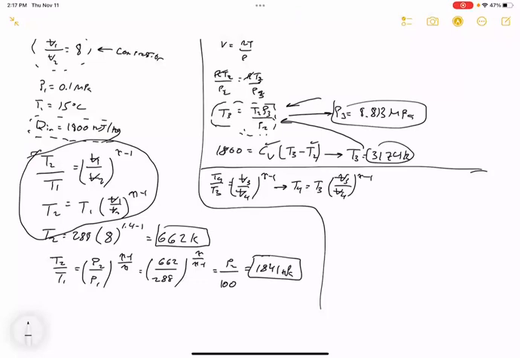So V3 over V4 is 1 over 8. So it's 3174 times 1 over 8 to the gamma minus 1, which we know is 1.4 minus 1. So if we do this, we'll get that T4 is 1300 Kelvin.